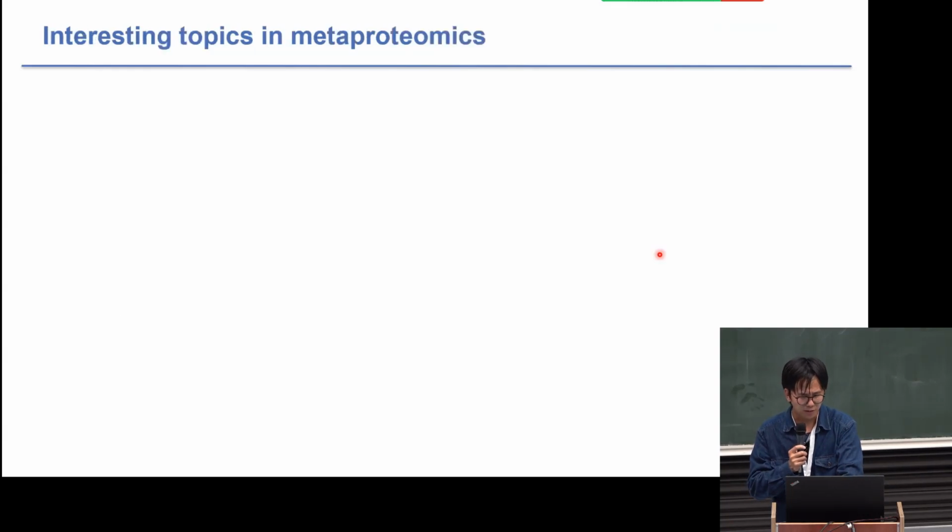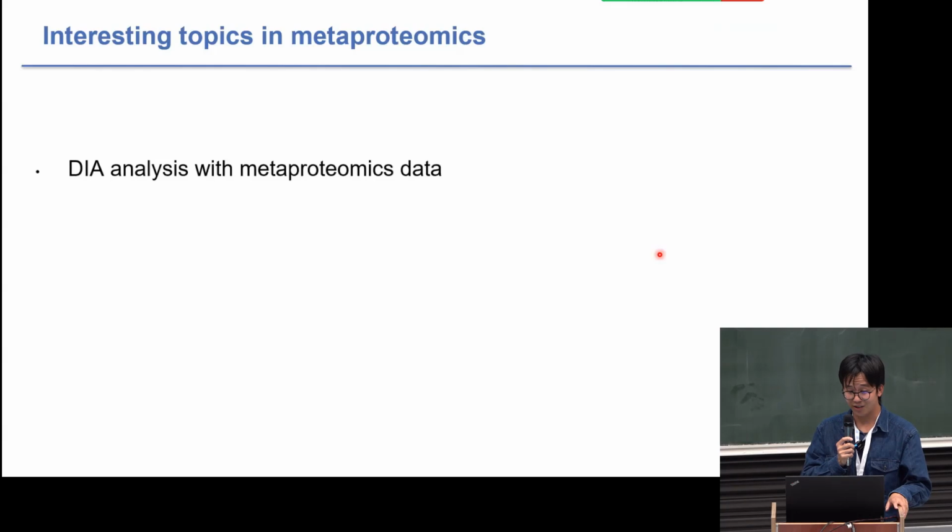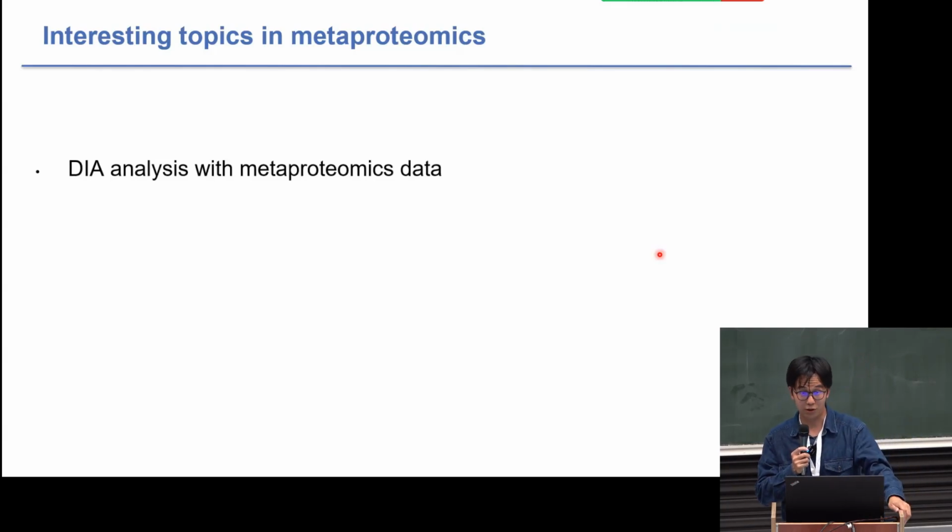There are also some interesting topics in metaproteomics. I will just mention them, but I will not spend time on them, like DIA analysis with metaproteomics data. For MaxQuant, we already tried to use the on-the-fly prediction mode to run DIA data with a metagenome database. It works very well, and it's at the same level as other software focusing on DIA analysis.